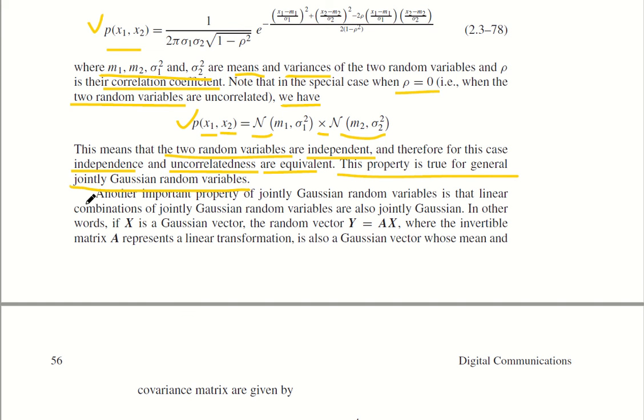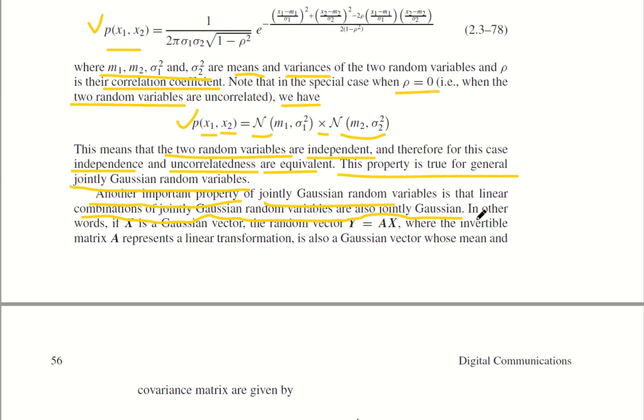Okay, so another important property of jointly Gaussian is that linear combinations of Gaussians are also Gaussian. So if you make a summation of Gaussians, the outcome will be Gaussian. To put it verbally, a summation of Gaussians is Gaussian.